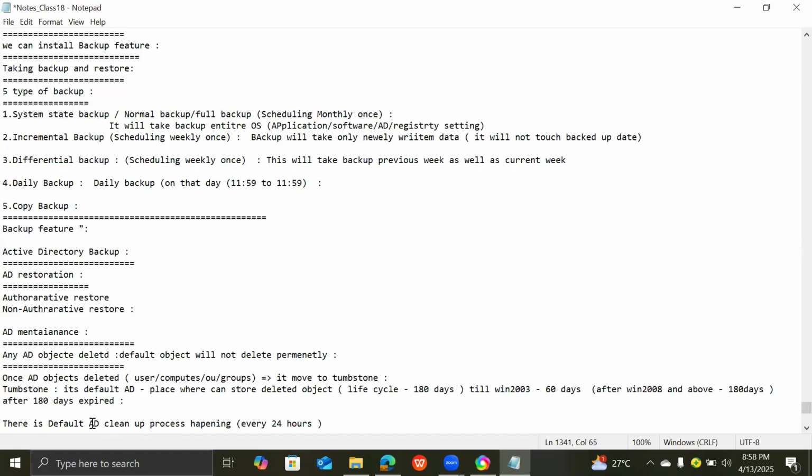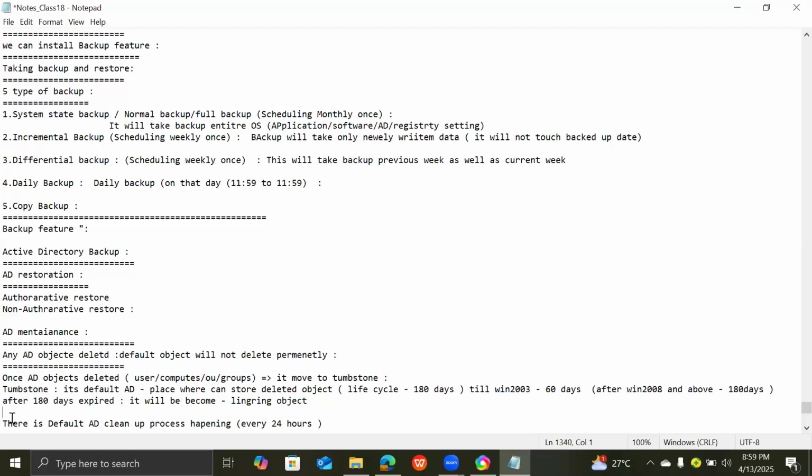During this cleanup process, after 180 days expired, the object becomes a lingering object. Those objects after 180 days expired, we call a lingering object.